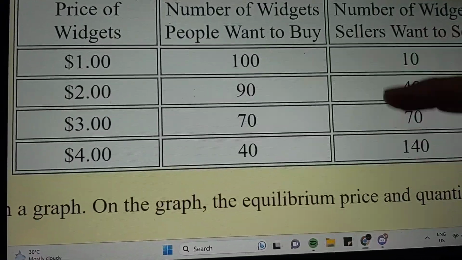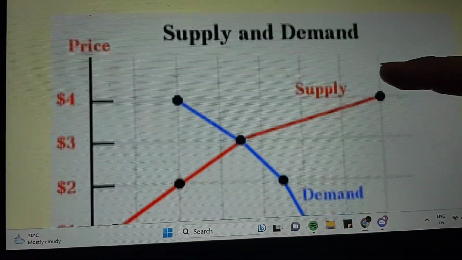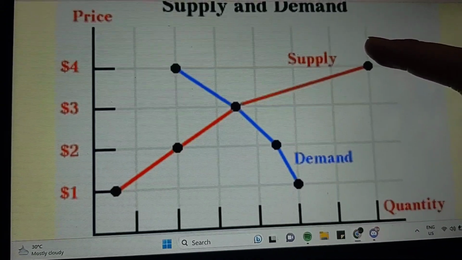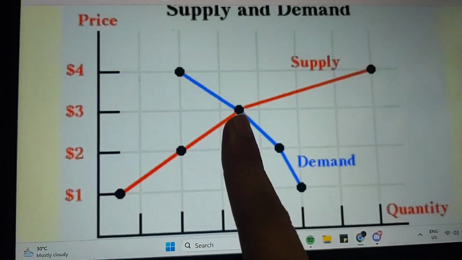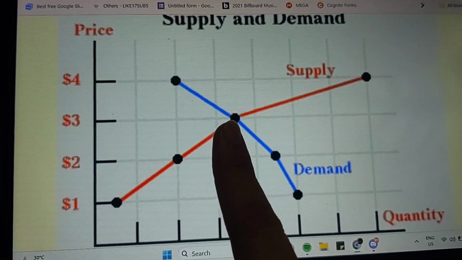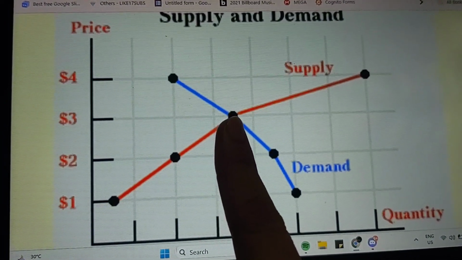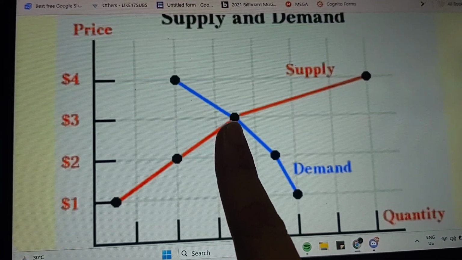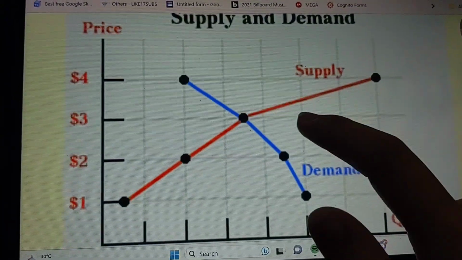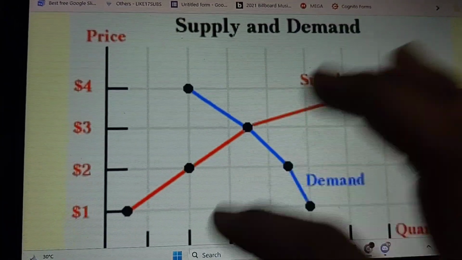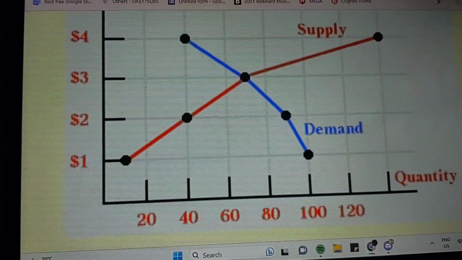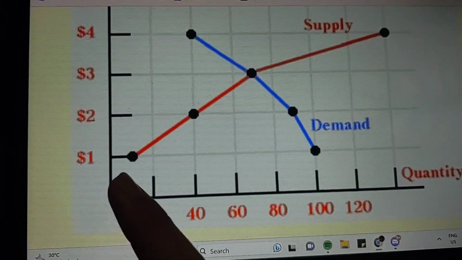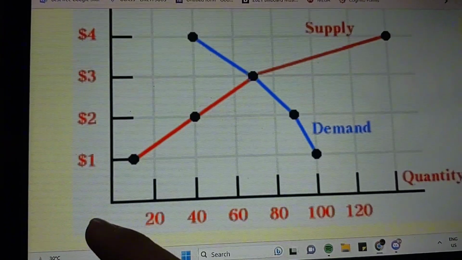In relation to the supply and demand curve, equilibrium is the point where quantity supplied and quantity demanded cross. So here, at the price of $1, we have 10.